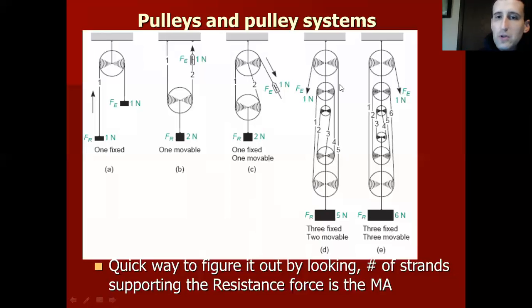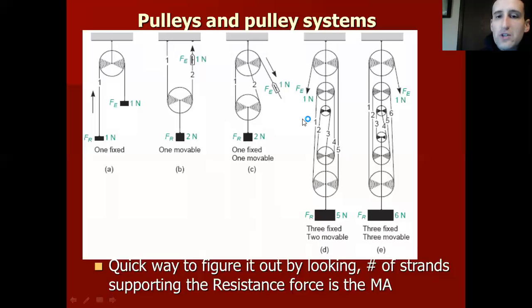It goes over a pulley before it supports the object. But there's 1, 2, 3, 4, 5 strands directly supporting the object, so the object's weight gets divided by the number of strands. Now they keep putting a heavier weight on here so that we always pull with 1 Newton of force.